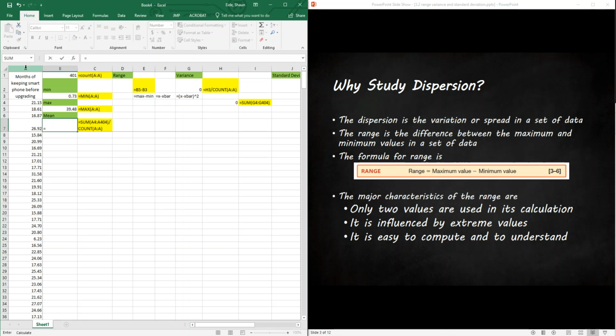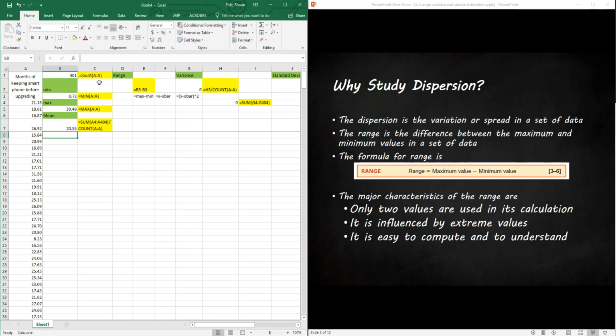The way we do the mean is equals SUM divided by COUNT, which gives us a mean of 20.55. So the average individual in this sample keeps their phone for 20.55 months.